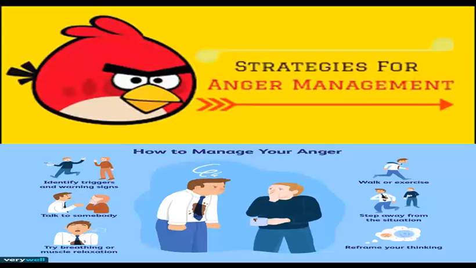The next strategy is to recognize your warning signs. If you recognize your warning signs, you have the opportunity to take immediate action, so you can prevent yourself from doing or saying things that can create even bigger problems.